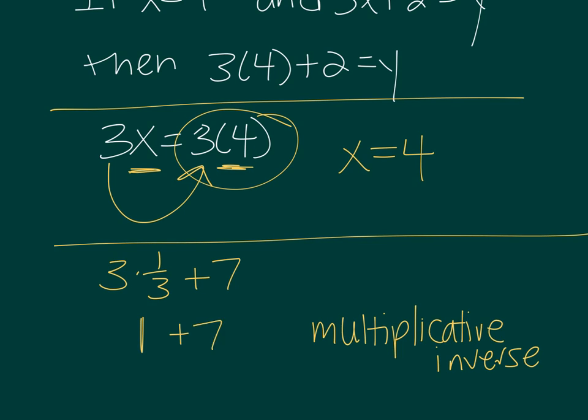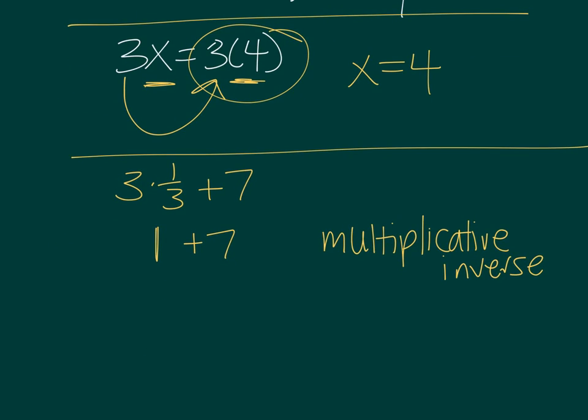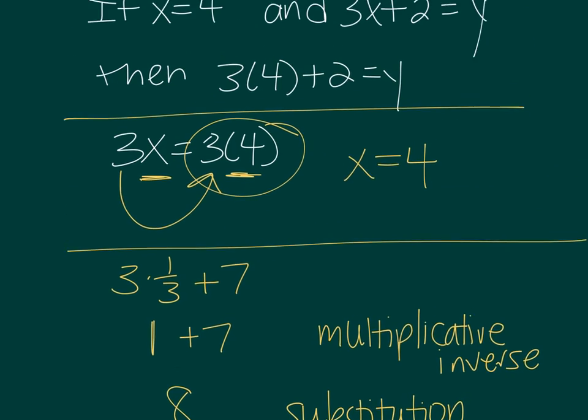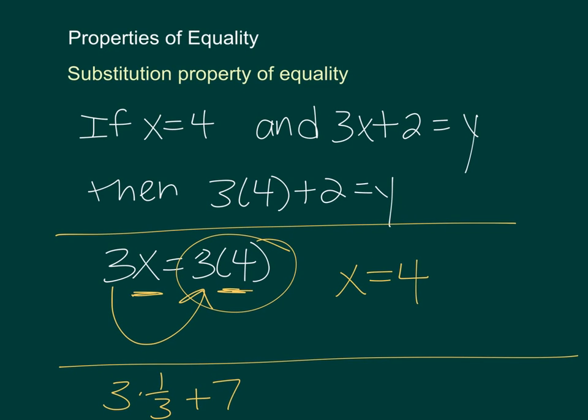But then when I have the plus 7 and then I simplify that to be 8, that's going to be substitution, because in place of 1 plus 7, I put 8, a value that is the same as this value. So when they equal the same thing, they're equivalent expressions. So I could replace 1 plus 7 with 8. That's just simply substitution. So a lot of the times you will see your substitution property of equality in your evaluation problems.